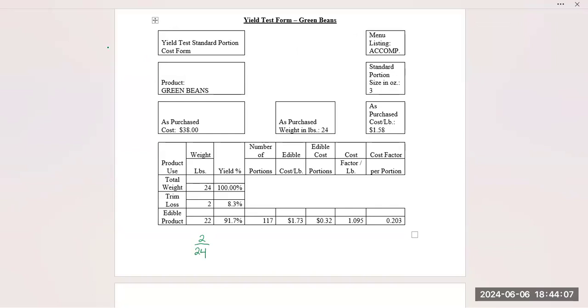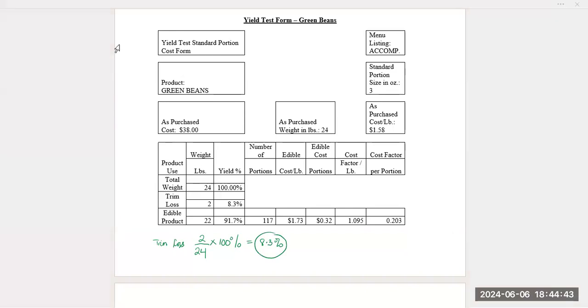And I'm trying to find a percentage of that. So do that for me: 2 divided by 24 multiplied by 100%, and what do you get? Yes, sir. 8.3. Yeah, 8.3%.